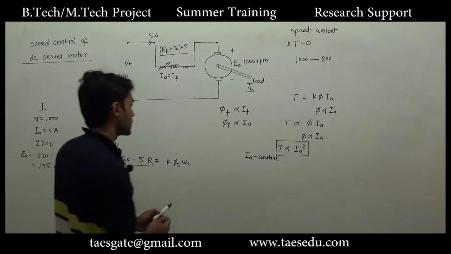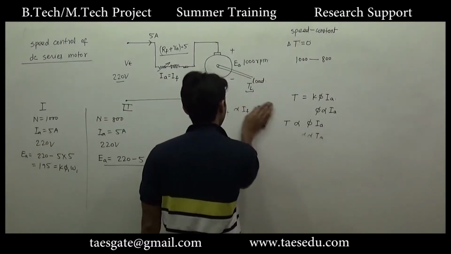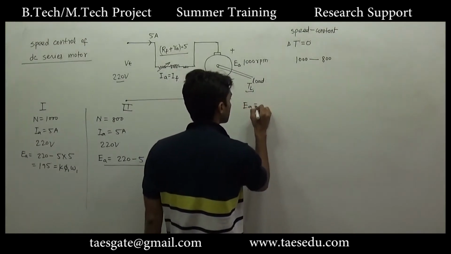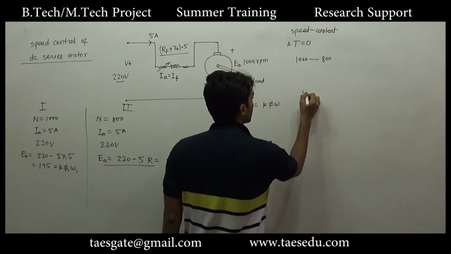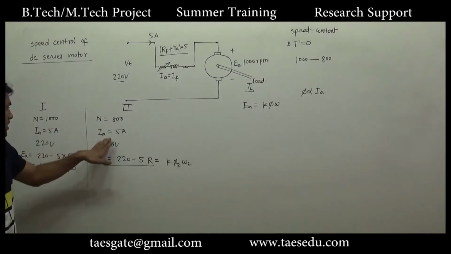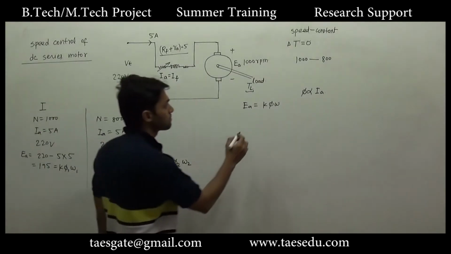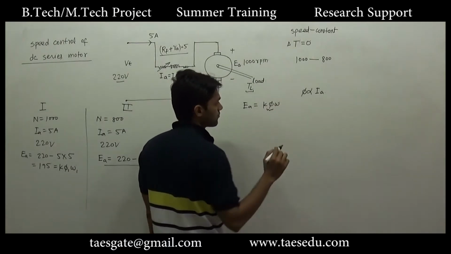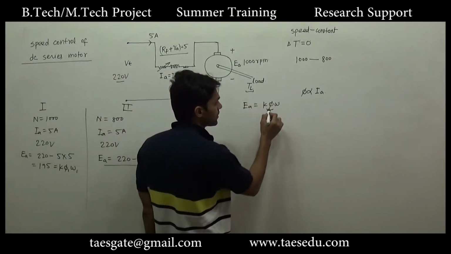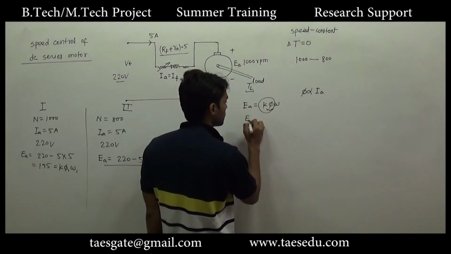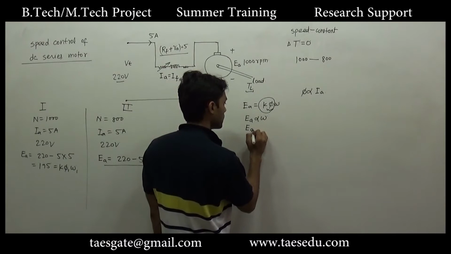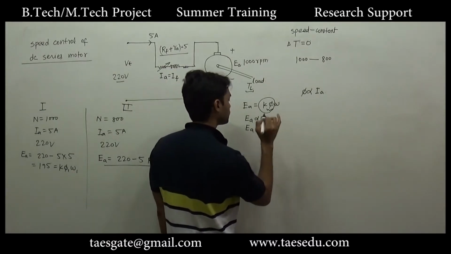Now if we talk about generated voltage or armature voltage, armature voltage is K phi into omega, and phi is directly proportional to armature current. So in both the conditions armature current is the same, so phi will be the same. So if you compare the previous and final condition, K phi will be a constant, so EA will be directly proportional to omega, or we can say that EA will be directly proportional to speed.